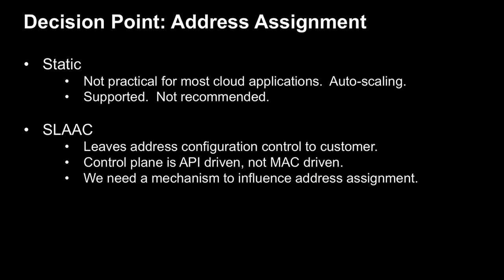We want the control plane to determine the IP addresses, not the happenstance of a virtual MAC address. And we also need to maintain mechanisms that allow us to communicate control plane changes to instances.